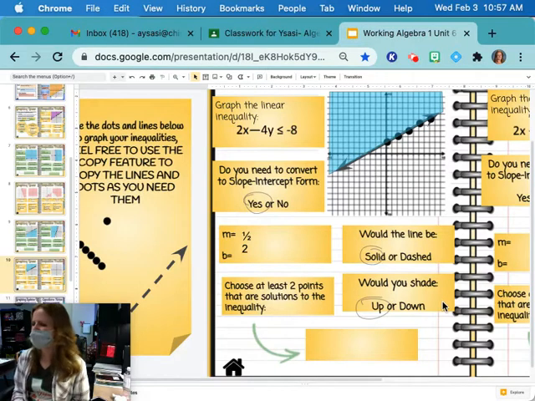Put in your calculator to check it by graphing it.